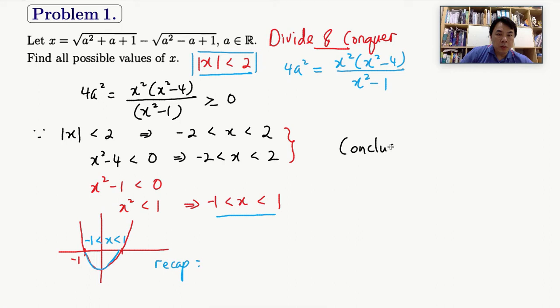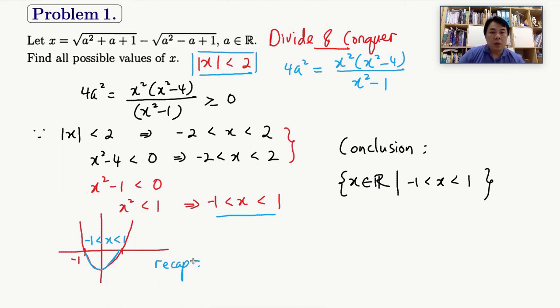So, conclusion: all the possible solutions x are all real numbers such that x lies between -1 and 1. And this will satisfy this expression here. So I hope that is helpful to some of you who are practicing your algebraic skills. Alright, let's move on to the next problem in a short while.